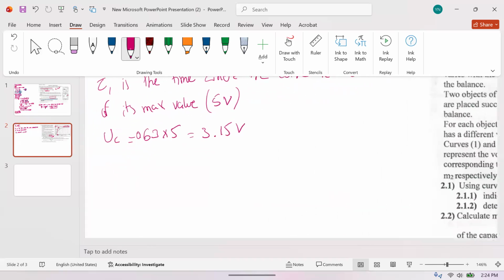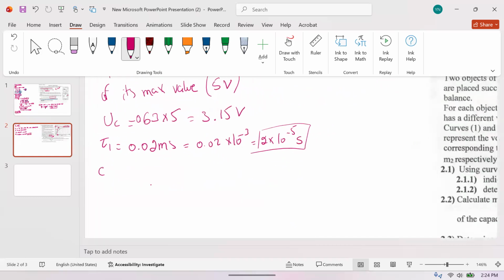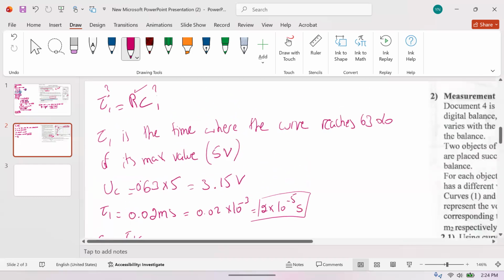Be careful for the unit. So tau 1 using the graph is 0.02 milliseconds. I have to convert this to seconds, so I have to multiply this value by 10 to the power minus 3, which gives me 2 times 10 to the power minus 5 seconds. This is tau 1, and I have R, so I can calculate C1, which is tau 1 over R, as I previously mentioned, the main formula.